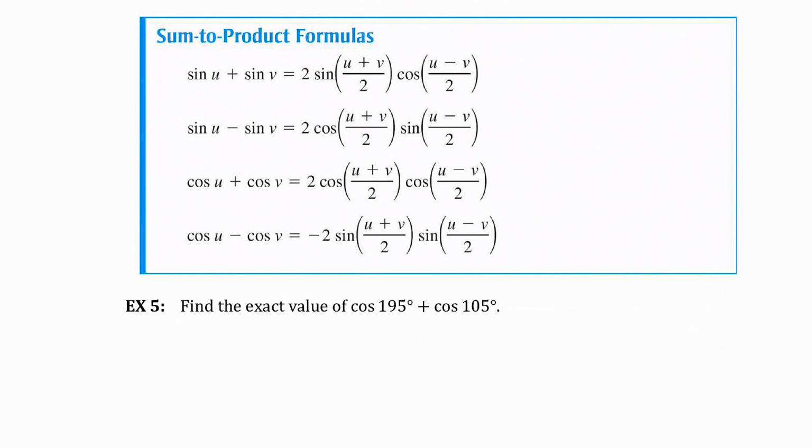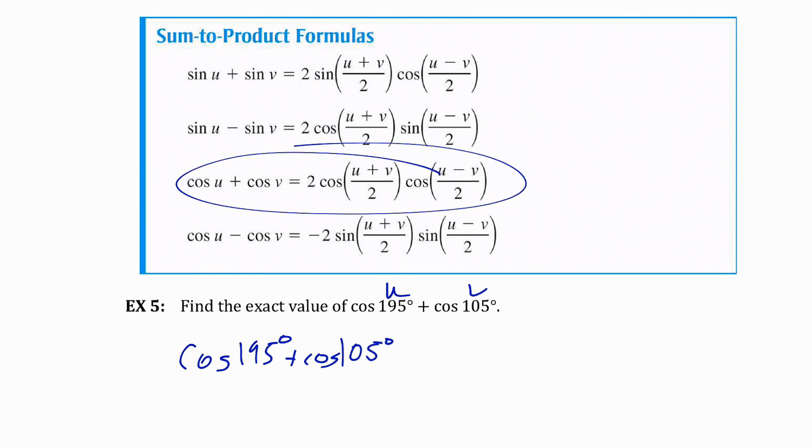Wow. Okay. Final example. Cosine of 195 plus cosine of 105. So what we're going to do, again, is identify our angles, that's u, that's v. So the cosine of 195 degrees plus the cosine of 105 degrees, we're going to follow along with that cosine plus cosine formula and plug in what we know.